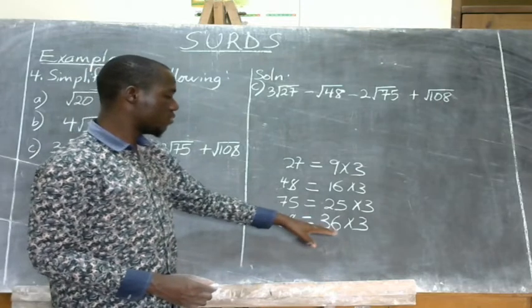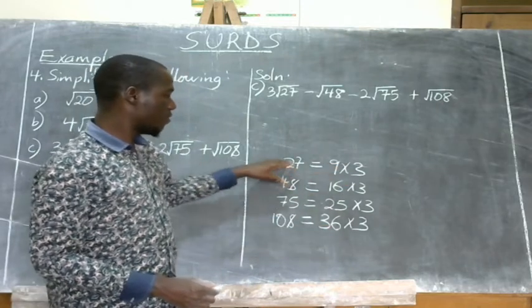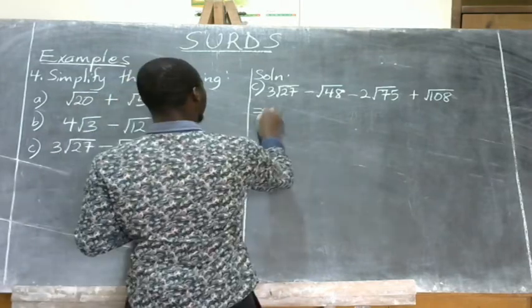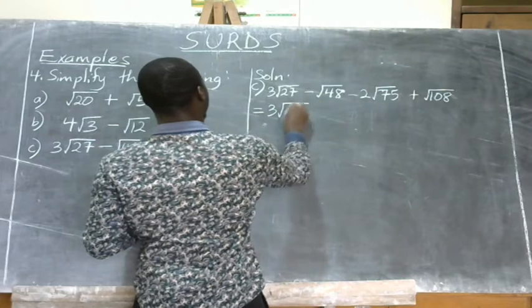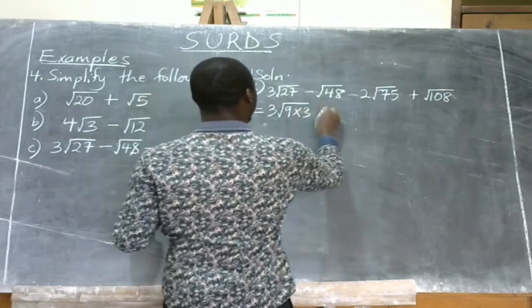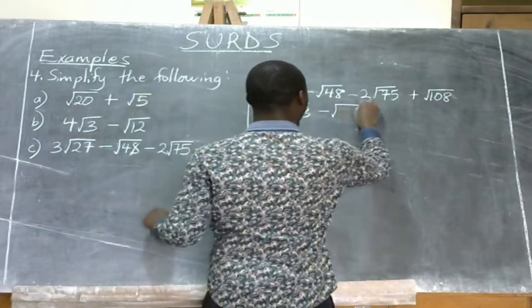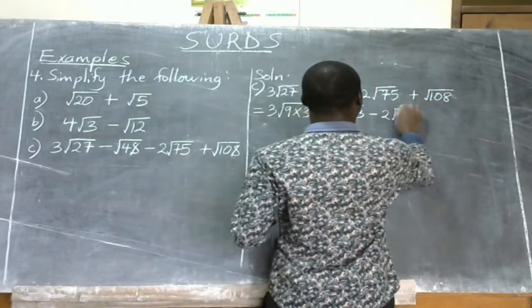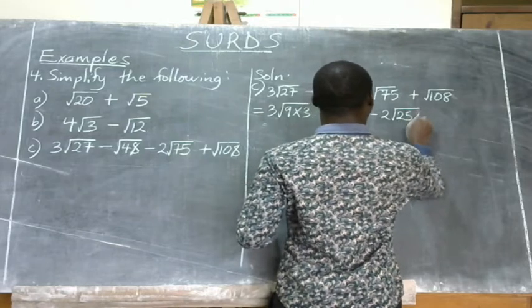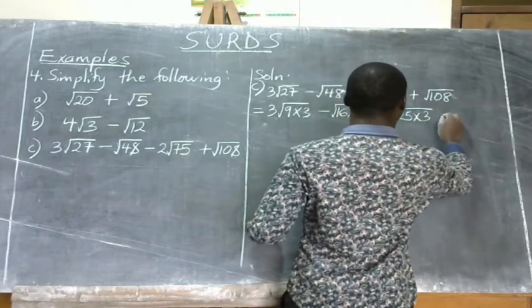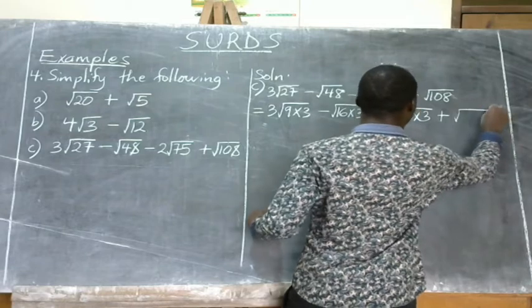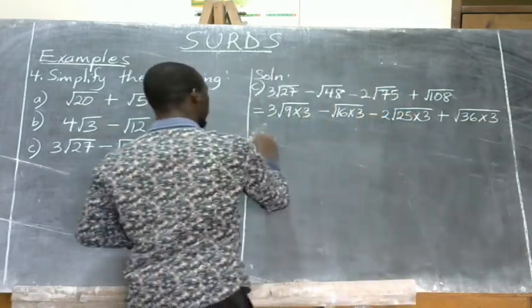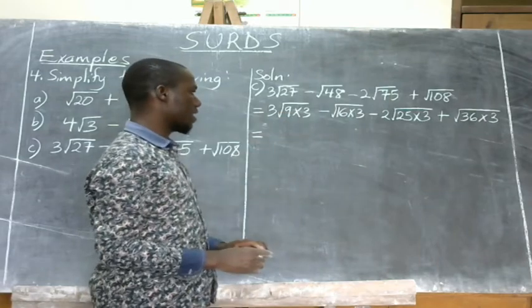So we are going to substitute these ones here for these numbers there under the square roots. So I'll be having something like that.